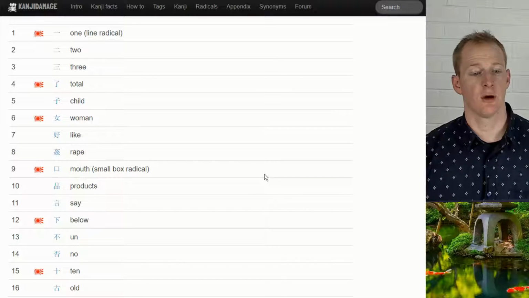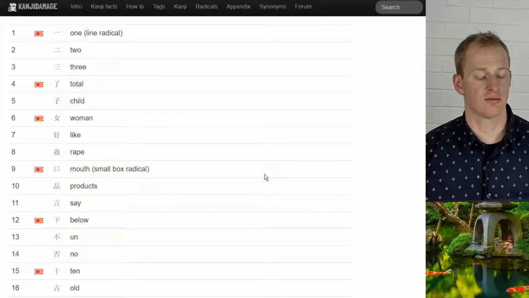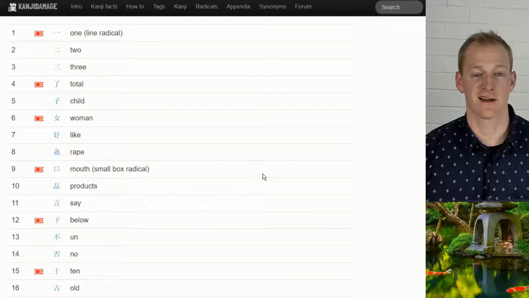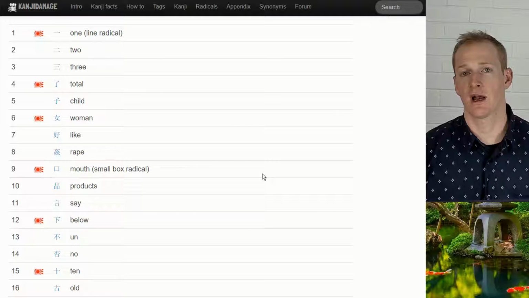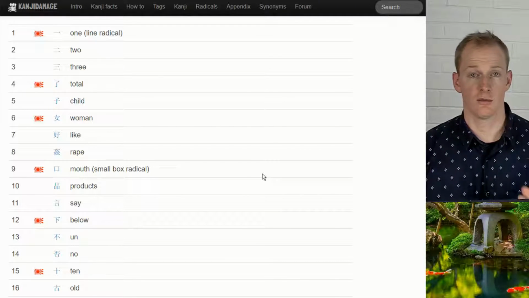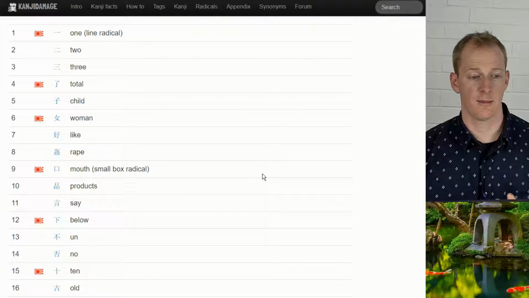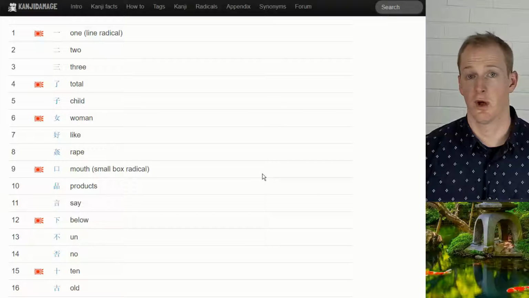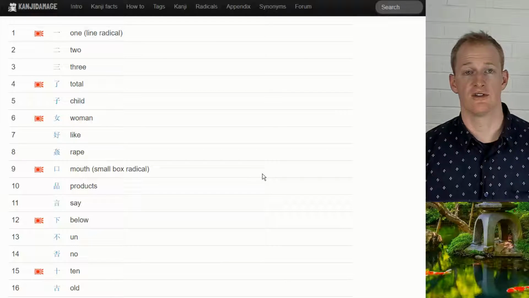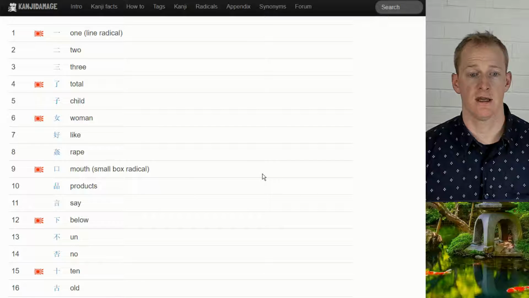Now I hope this series helped you. I mean, like I saw in part 1, I just wish I'd had this website when I started kanji. And it might seem kind of a radical, no pun intended, way to learn kanji. But speaking as someone who, I think I've got a pretty good handle on kanji. I'm definitely not perfect, and I don't know every single kanji ever, but I can read a lot of stuff and I can read it correctly.